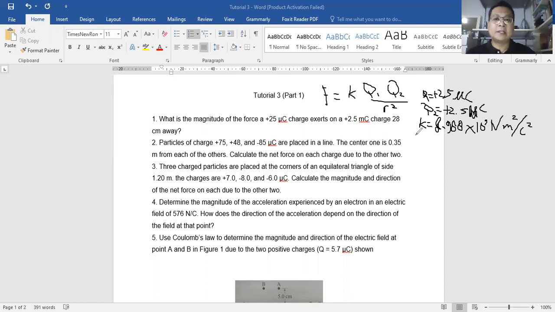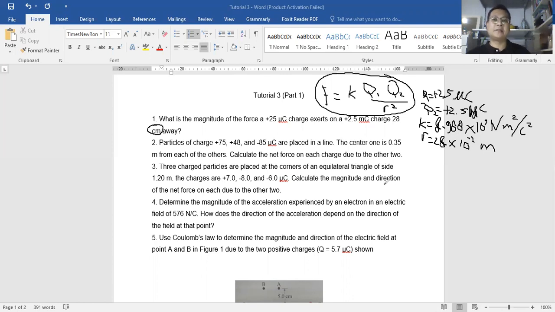So now we can finish the calculation, just input into the equation. Okay, please convert into SI units, 20 times 10 power negative 2 meter.